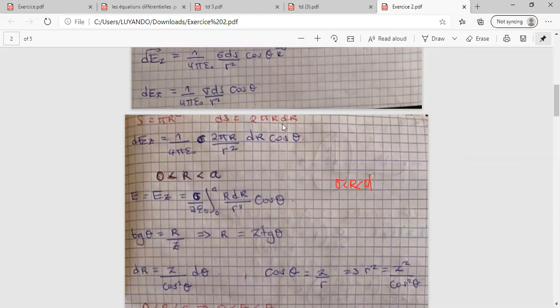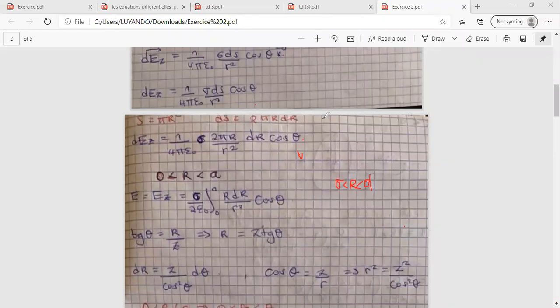Sorry, this is a disk. So our surface area is going to be pi R squared. It has no height, it's just a mere disk. So our surface area is pi R squared, and our ds is going to be 2 pi R dr.